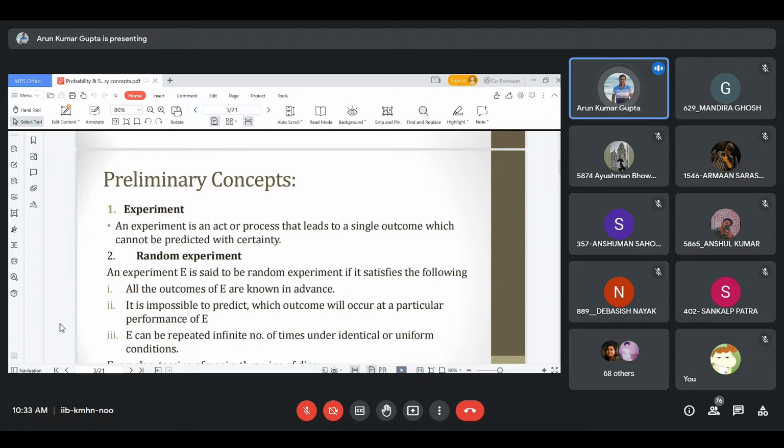E can be repeated infinite number of times under identical and uniform conditions. What I mean to say is that every time a fair coin is tossed, the possibility will be either head or tail.